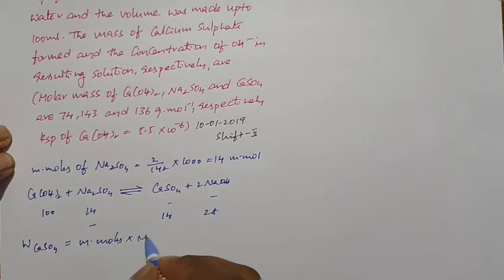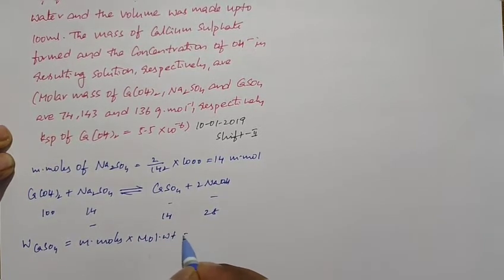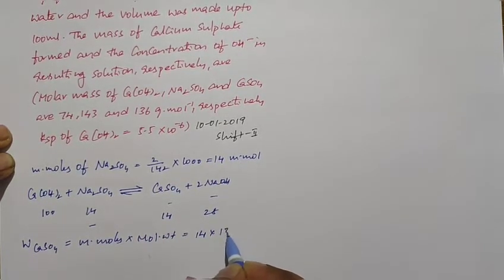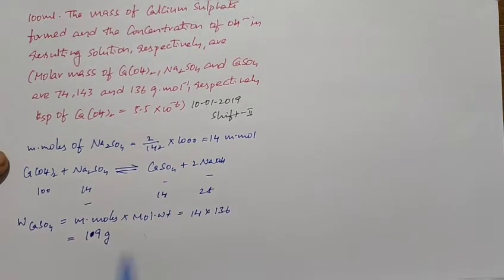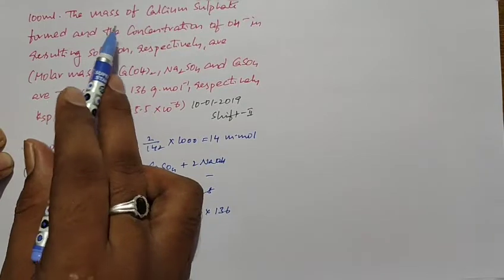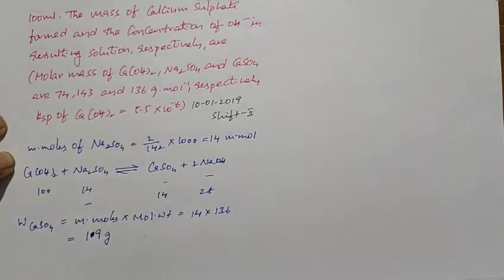Then the weight of calcium sulfate is equal to millimoles into molecular weight, that is equal to 14 into 136. We get the answer in milligrams. After conversion, we get 1.9 grams. They are asking the mass of calcium sulfate and the concentration of hydroxyl ion.